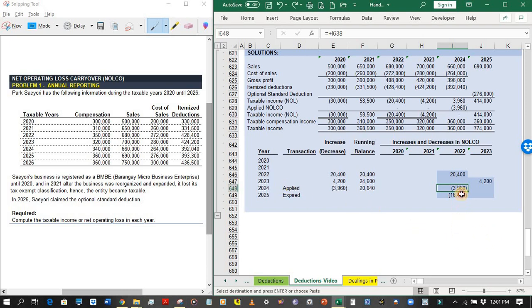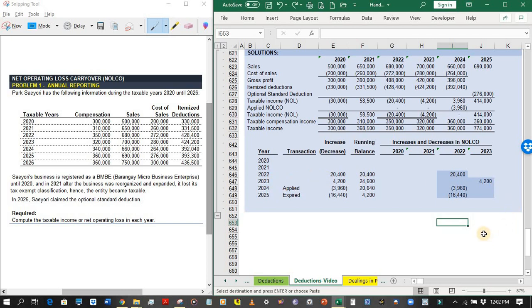So the expired portion is 16,440 pesos, which means this amount will no longer be allowed to be deducted from gross income starting 2026. And because of this, our ending balance for 2025 will be 4,200. If you notice, the 4,200 ending balance for 2025 pertains to the NOLCO incurred in 2023, which is also scheduled to expire in 2026, which is 3 years after 2023.